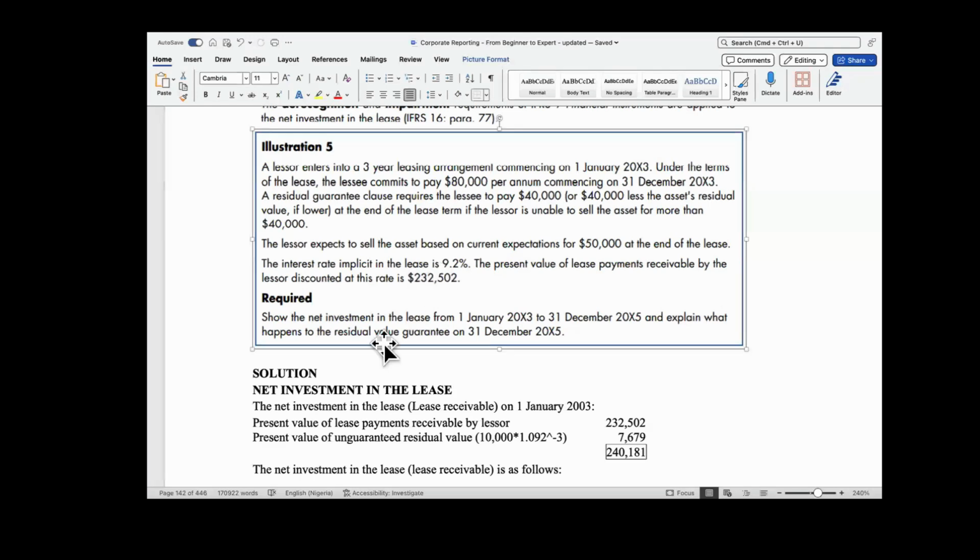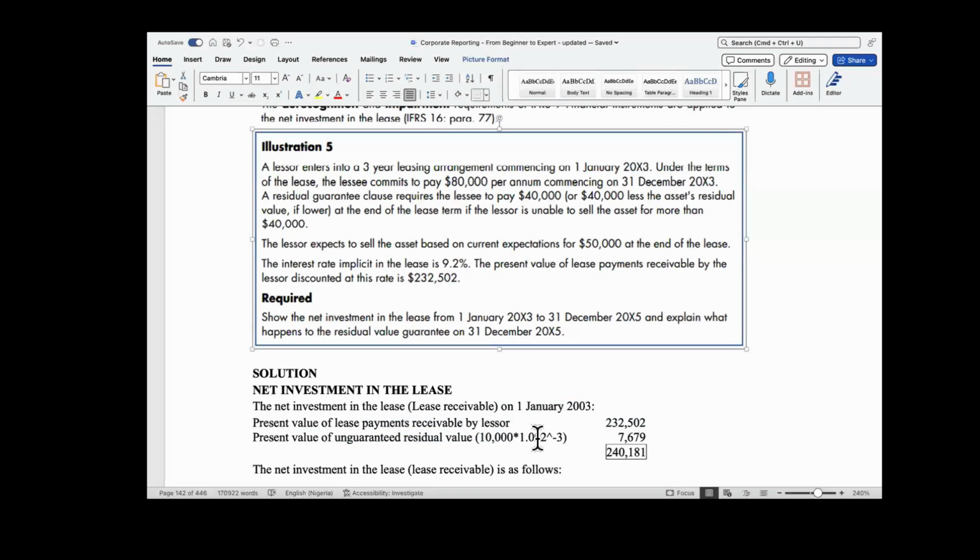Like I've taught you, the net investment in the lease, which is done at the commencement of the lease, is simply the PV of these payments receivable, which they gave us as 232,502. You add the PV of the unguaranteed residual value. The unguaranteed residual value is 10,000, which is the 50,000 minus 40,000.